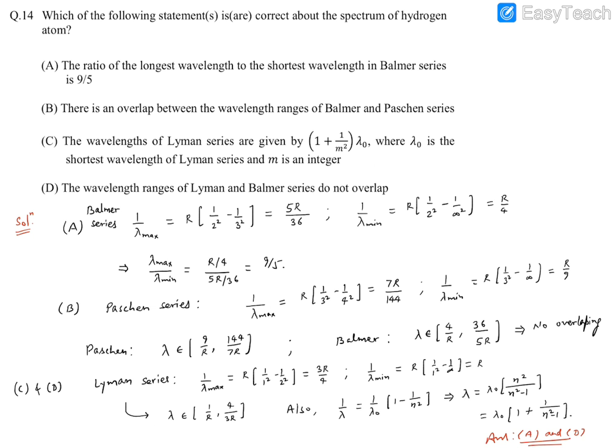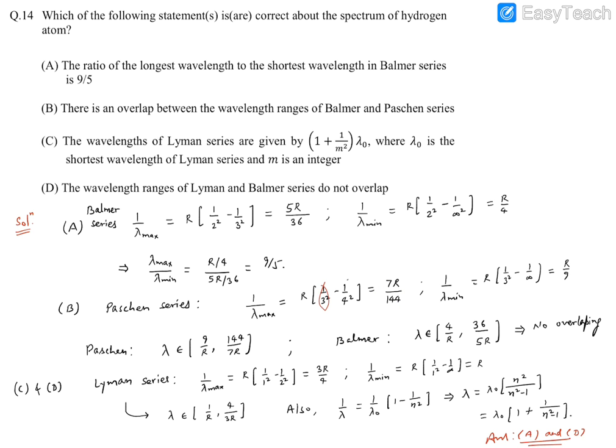Now option B. It says there is an overlap between the wavelength ranges of the Balmer and Paschen series. Now think about the Paschen series. In this, the electrons come down up to the level n equal to 3. So for the Paschen series we can find the maximum wavelength, and that will be from the 4 to 3 transition, and 1 upon lambda max comes out to be 7R by 144.